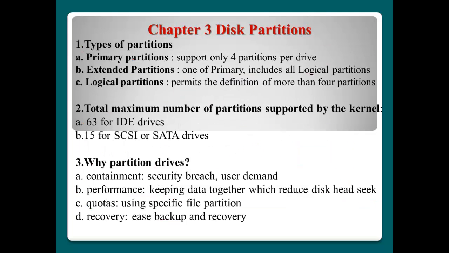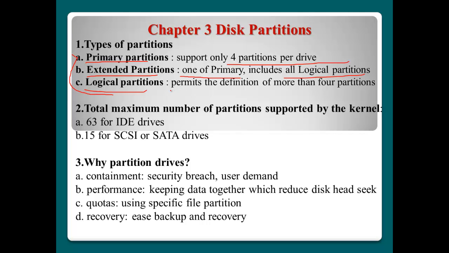Chapter, disk partitions. In Linux, Unix and Windows as well, there are three kinds of partition type: primary, extended, and logical. Primary normally only supports 4 partitions per drive. The extended is one of the primary partitions, and this one includes all logical partitions.